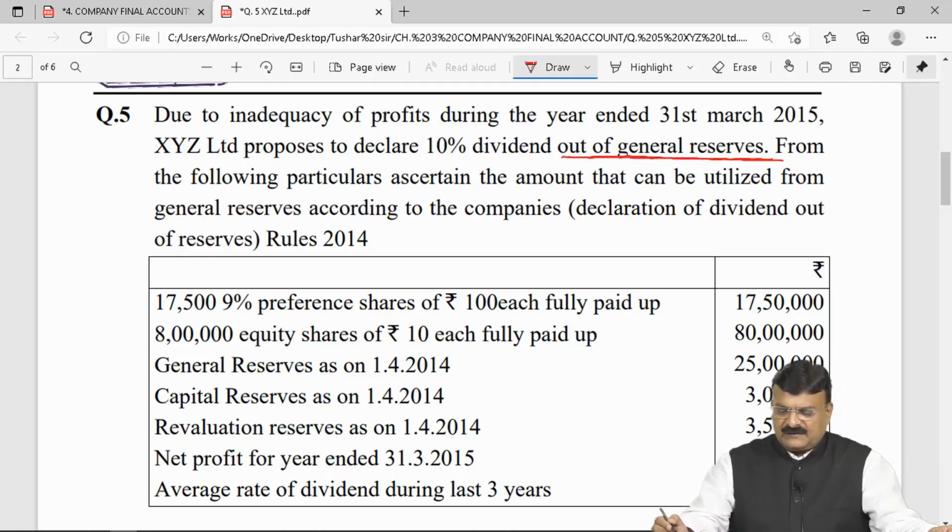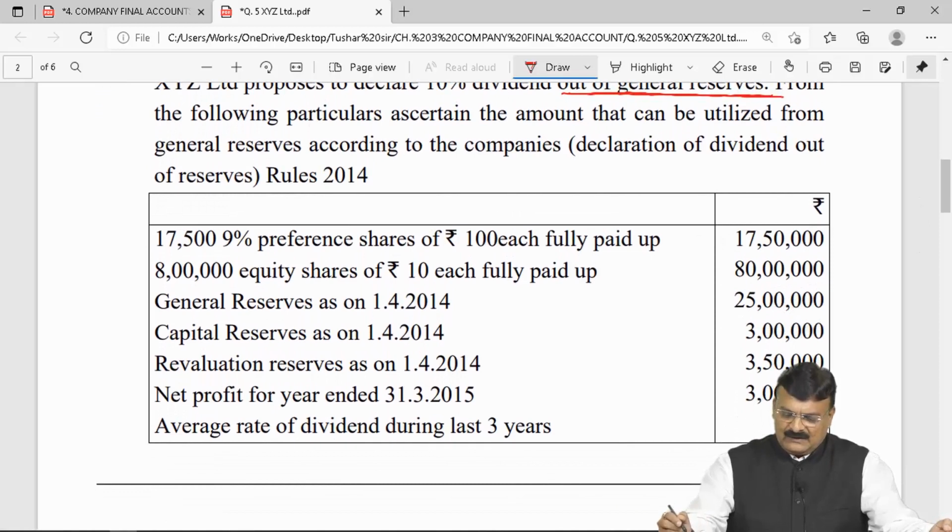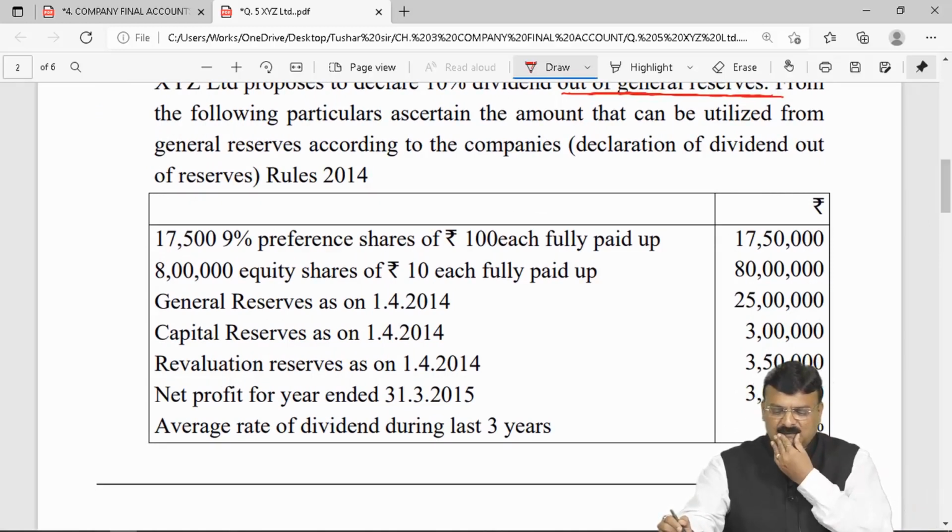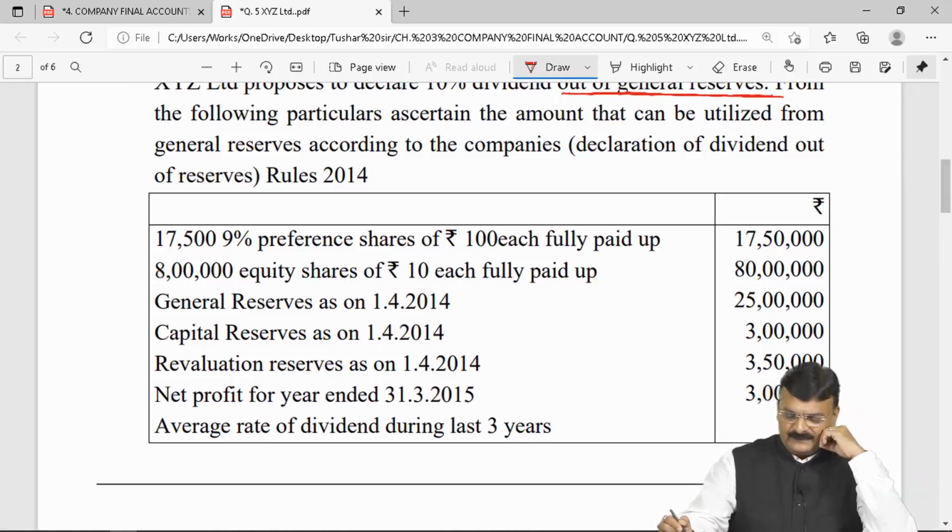From the following particulars, ascertain the amount that can be utilized from general reserve according to the Companies (Declaration of Dividend out of Reserves) Rules 2014. 17,50,000 9% preference shares of 100 each fully paid. 8 lakh equity shares of 10 each fully paid. General reserve 14,14,000, capital reserve 14,14,000. That is the opening balance, students. Revaluation reserve as such cannot be taken.